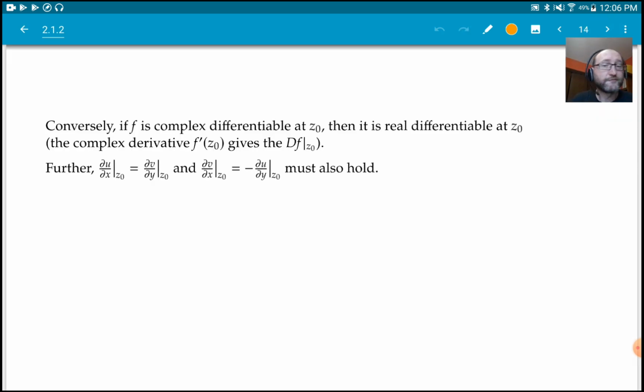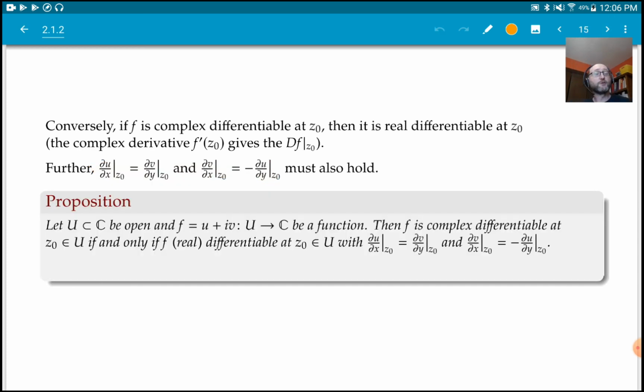And furthermore, of course, we get that these equations must be satisfied, because it's not just real differentiable, it's also complex differentiable. So the derivative corresponds to multiplication by a complex number. All right, so what did we prove?